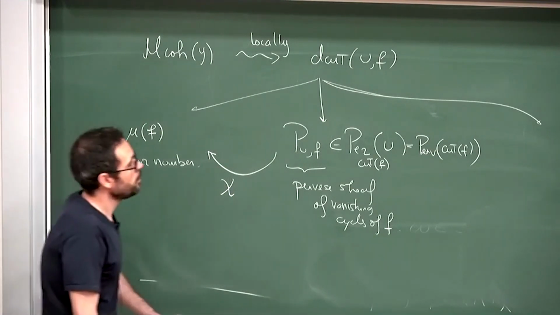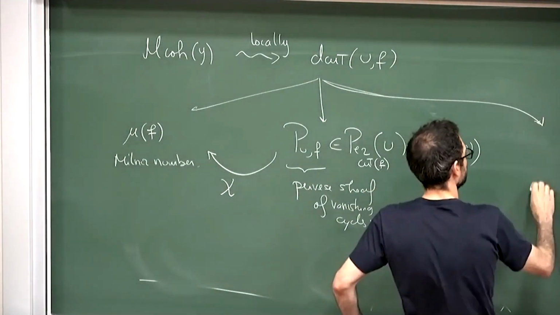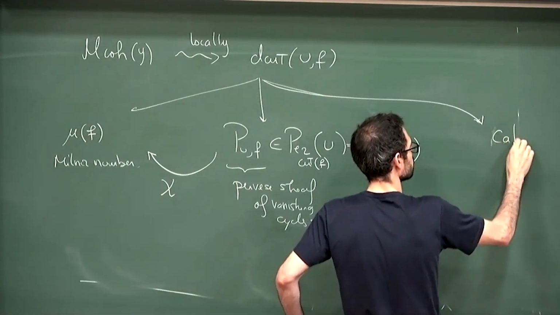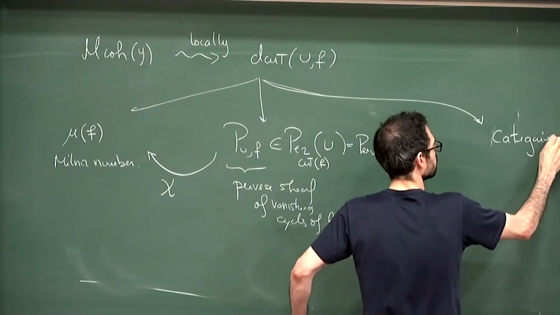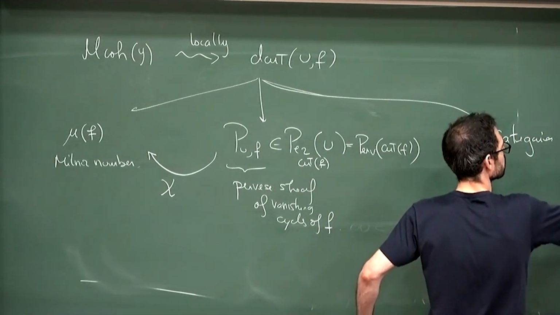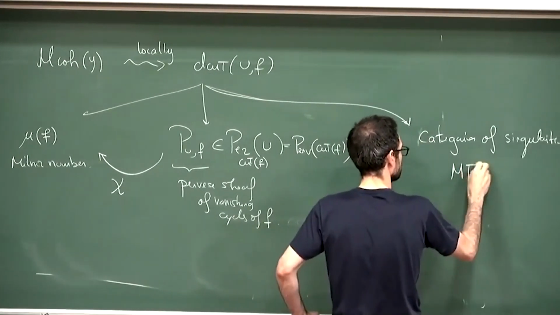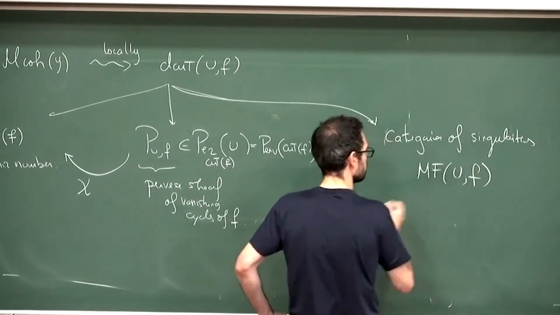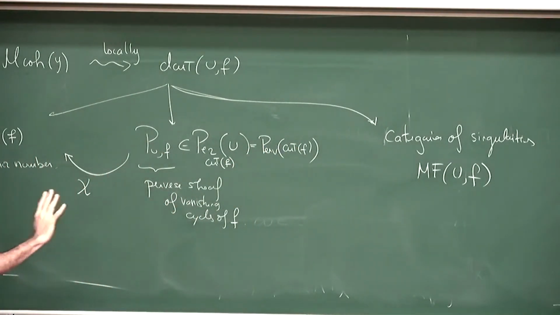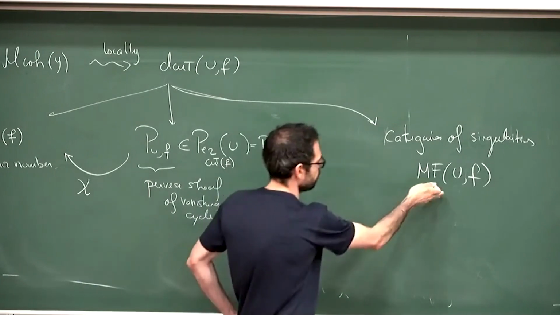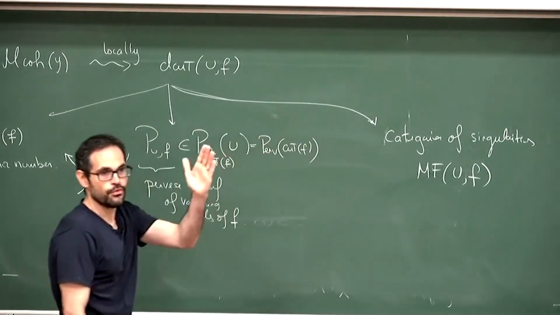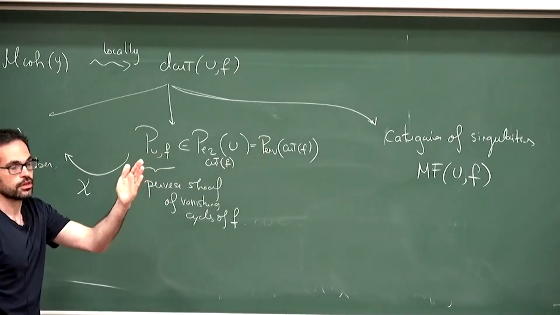Another invariant that we might want to glue is the category of matrix factorizations, or categories of singularities. I will not give you the definition and the construction. I'll give you some examples in a second of matrix factorization categories. But the idea is that if f is a smooth function, this category vanishes.